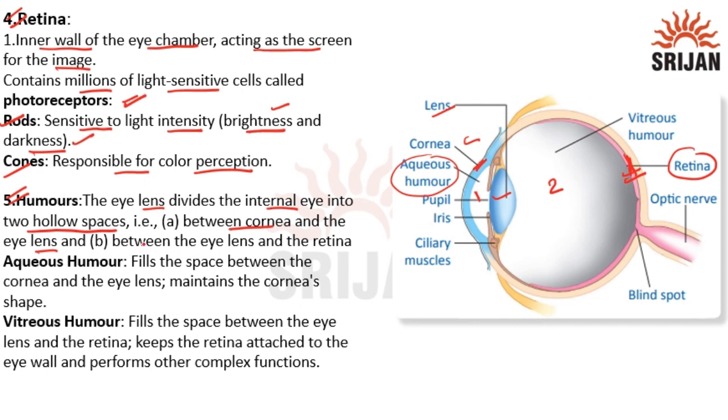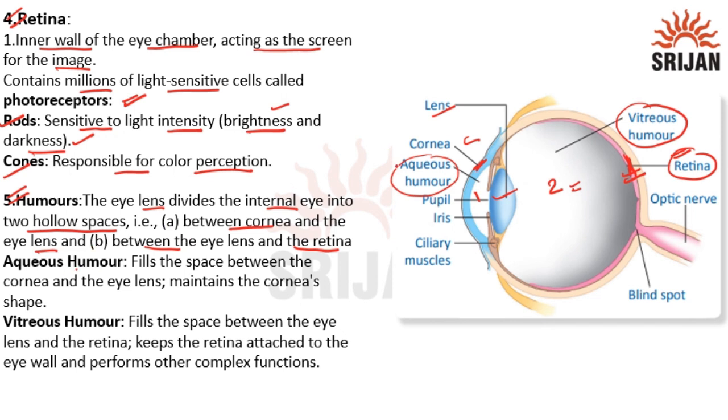The second hollow space is between the eye lens and the retina, and this space is known as vitreous humor.